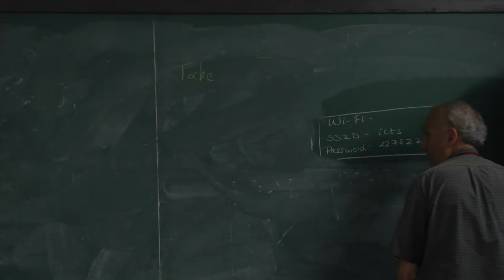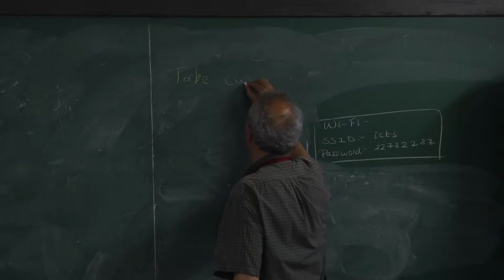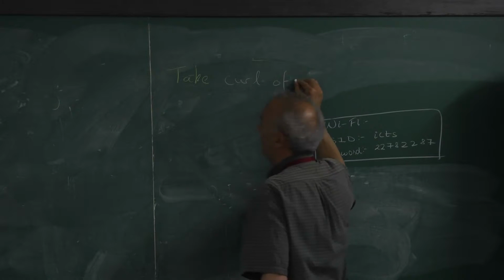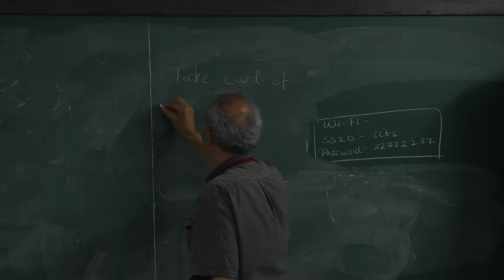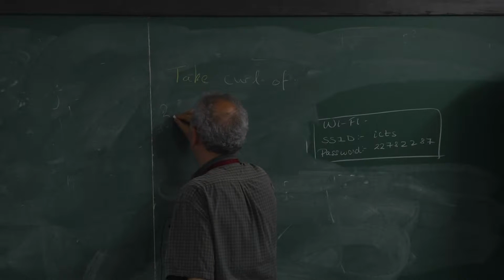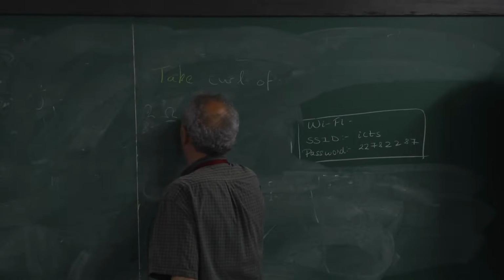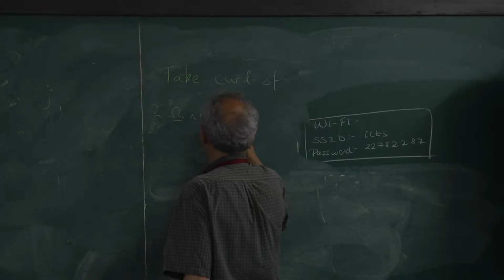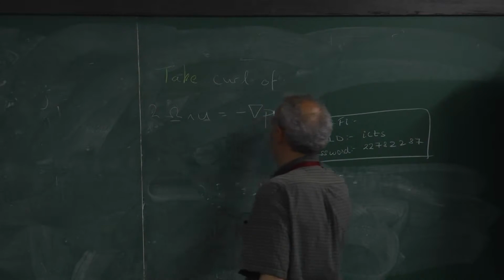So let's just take the curl of 2 omega cross u is equal to minus grad p.